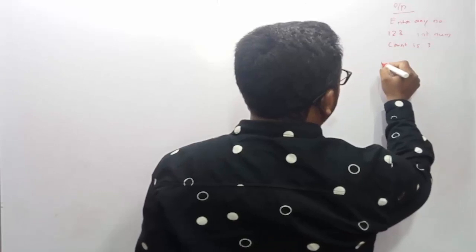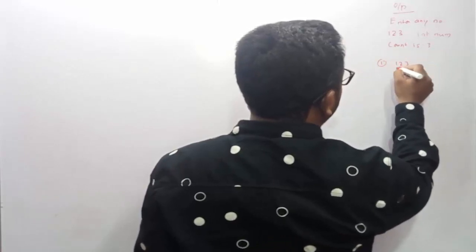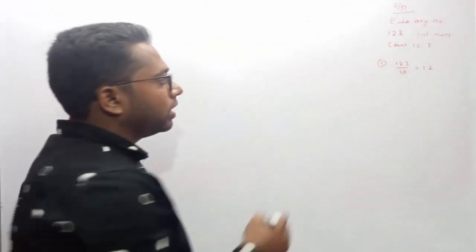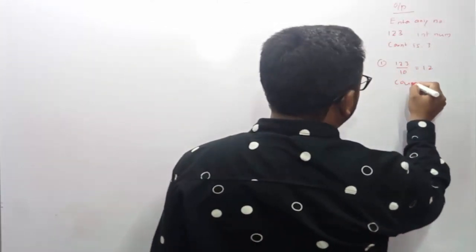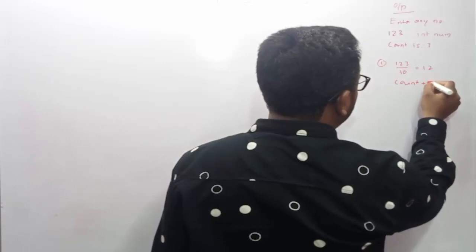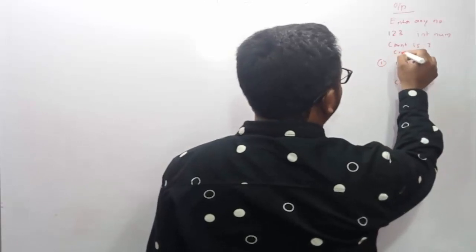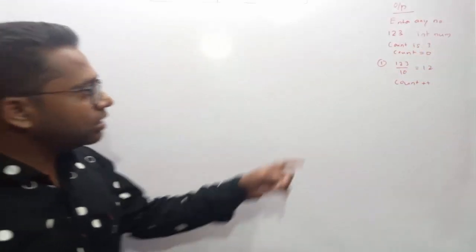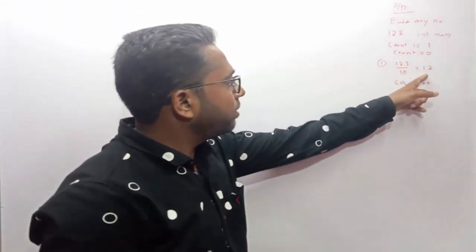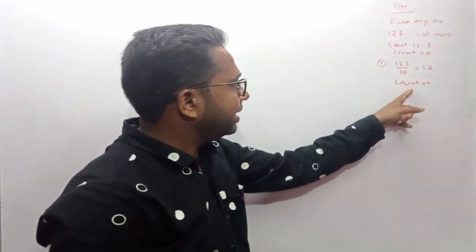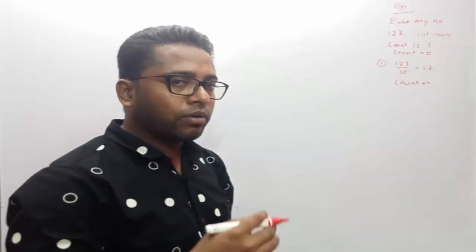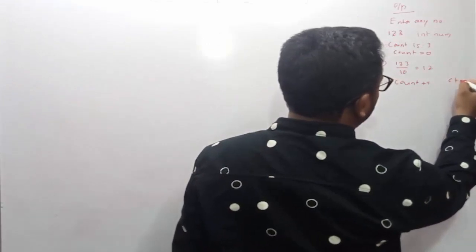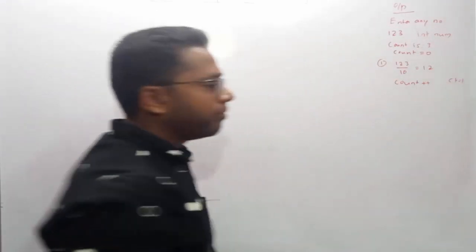First time when I divide 1, 2, 3 by 10, I will get 12, and at the same time I will increment the value of count. Initially I will set the count value to 0, so now count will become 1.